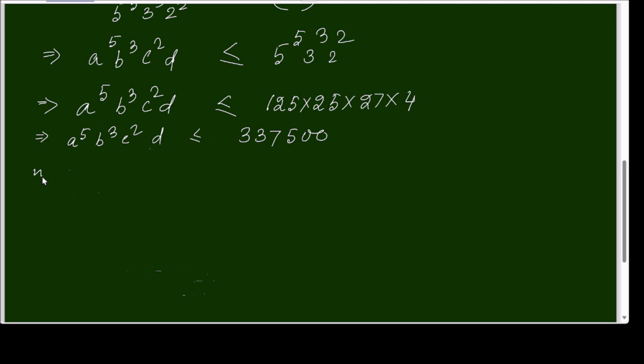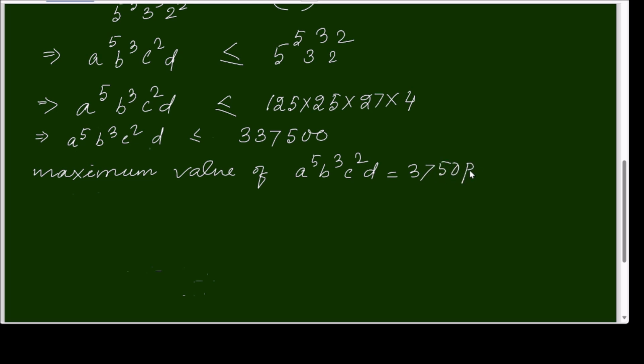And what is given? It is given that the maximum value of A power 5, B power 3, C power 2, D equals 3750 beta, and we have to find beta.